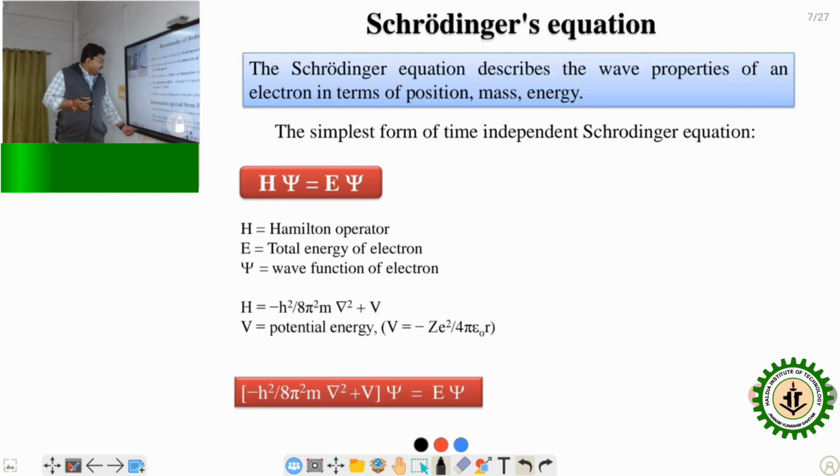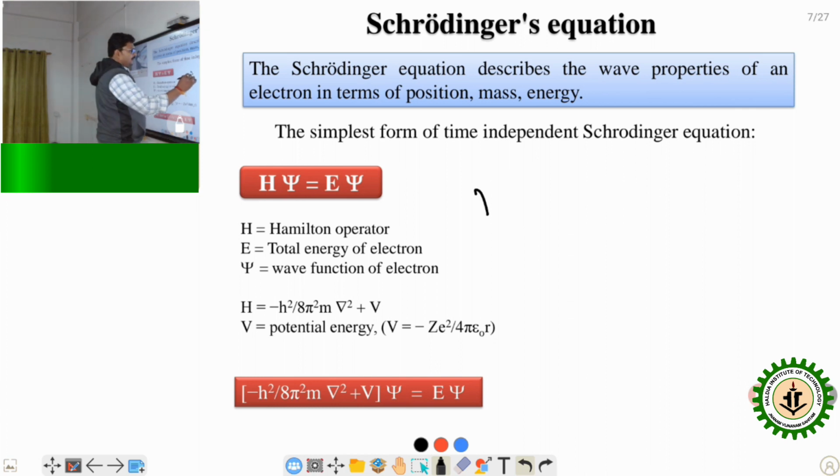To understand the Schrödinger wave equation, Schrödinger took two assumptions. First, he derived the equation with the help of the wave nature of the electron, and he also took the wavelength as de Broglie's wavelength. We all know the de Broglie wavelength lambda is equal to h by mv.